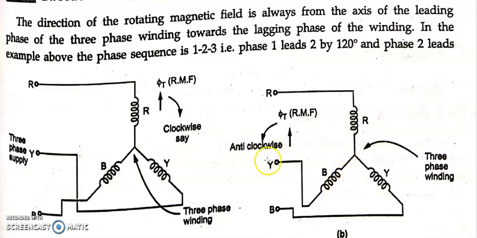How is it possible to change the phase sequence from clockwise to anti-clockwise? Just interchange any two terminals. For example, B should be given to Y and Y to B, or R to B and B to R, or R to Y and Y to R. If I change the interconnections of any two phases, then I can change the direction of rotation of the flux.